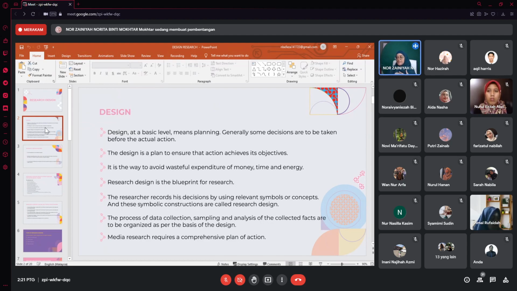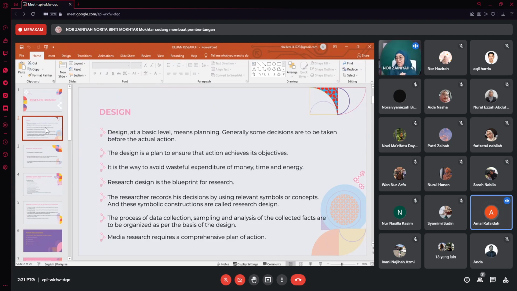So the research design is like a blueprint for research, because you're going to lay it down, do an outline, and then fill up the information which is needed when we do academic writing. Am I making sense? So far, so good.